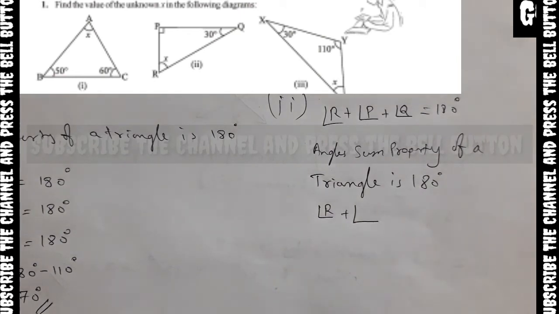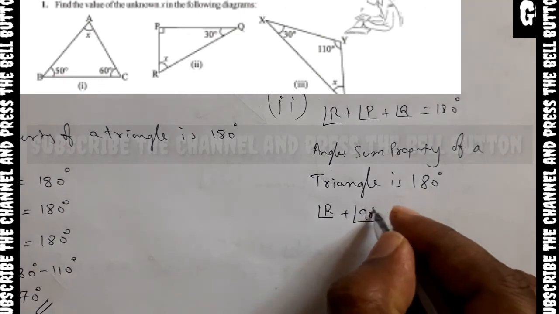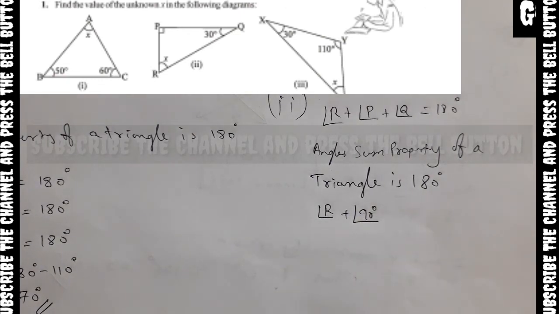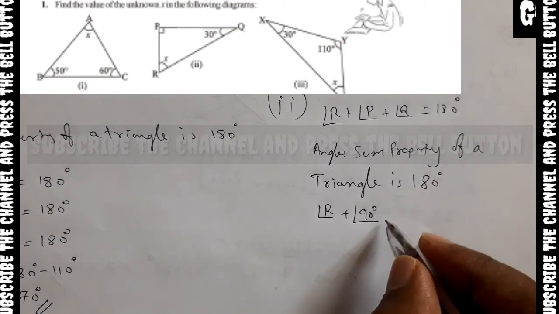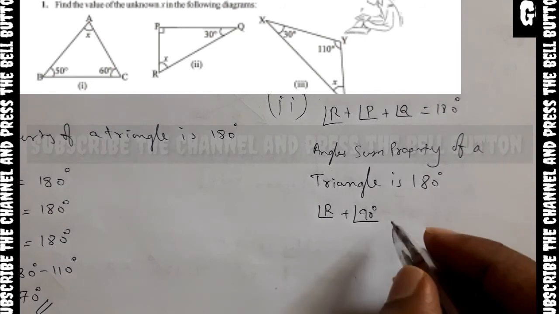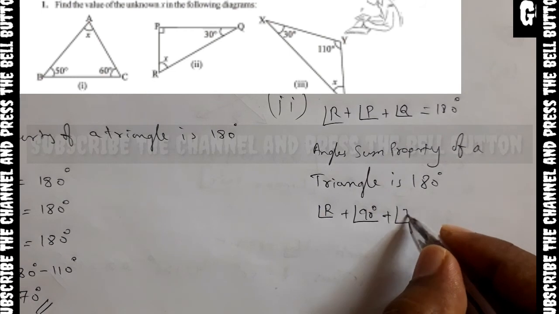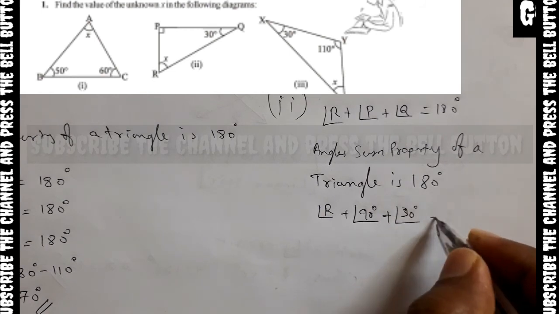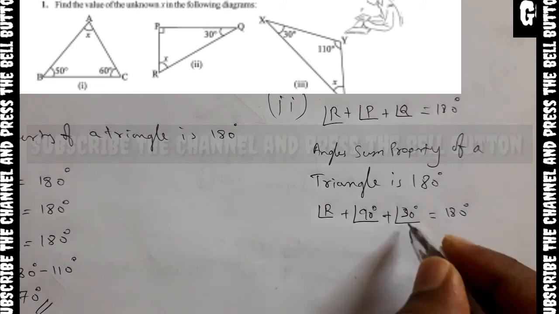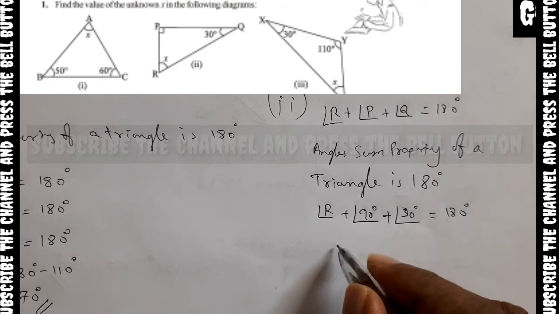Angle R we don't know. Angle P, look at the right angle triangle, that means 90 degrees. 90 degrees plus Q 30 degrees is equal to 180 degrees. Add it: 90 plus 30, 120.